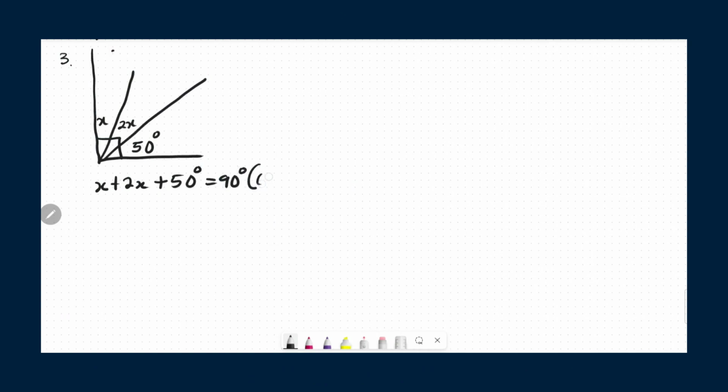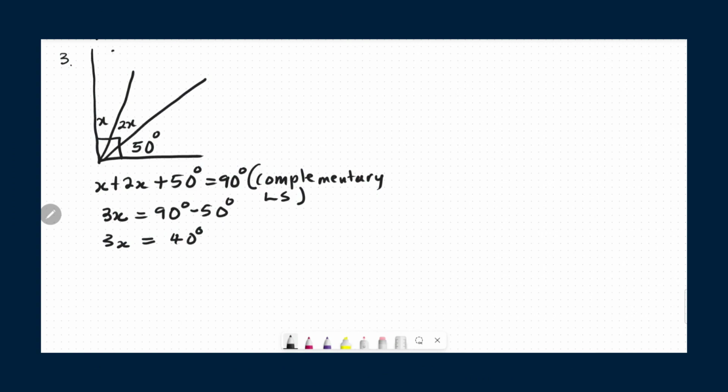And to give a reason, complementary angles. So x plus 2x, that's 3x, is equal to 90 degrees minus 50 degrees. So it means 3x is equal to 40 degrees.